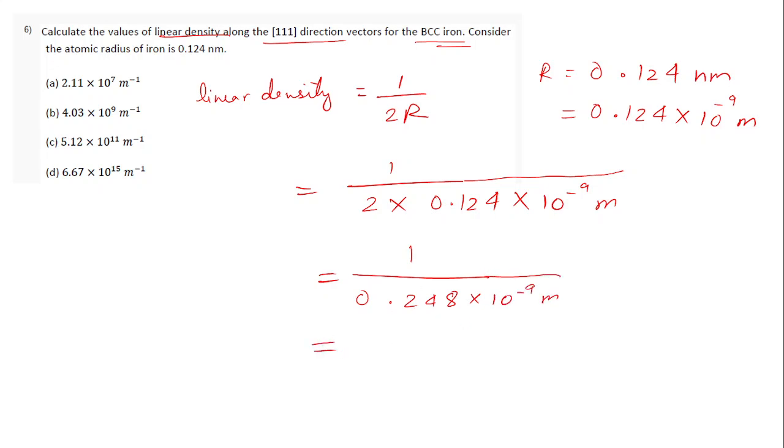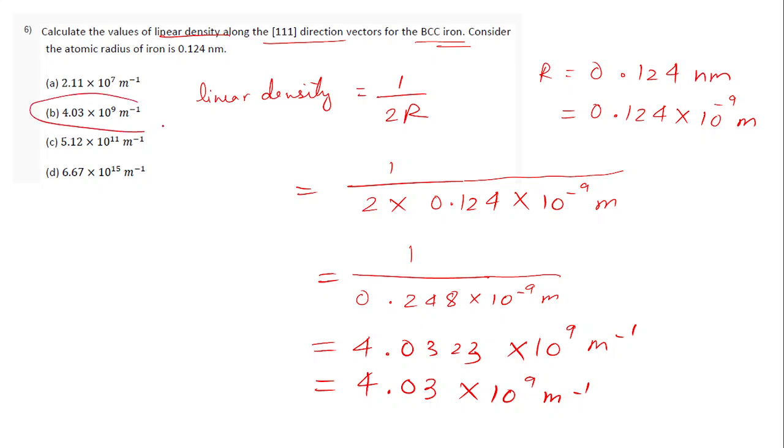Then we take reciprocal, 1 divided by 0.248 will be 4.0323, and this will go to numerator, it will be 10 to the power 9 and this will be meter inverse. So answer that matches here, all the answers are up to 2 decimal digits. So here when we'll round off, it will be 4.03 times 10 to the power 9 meter inverse. So correct answer is B. This is the linear density for this question.